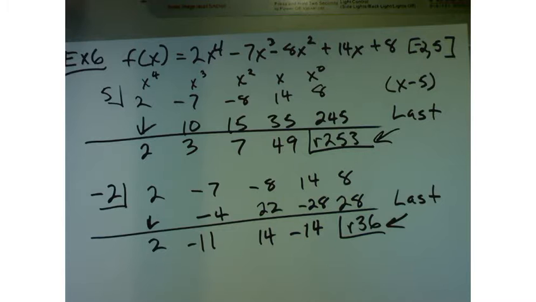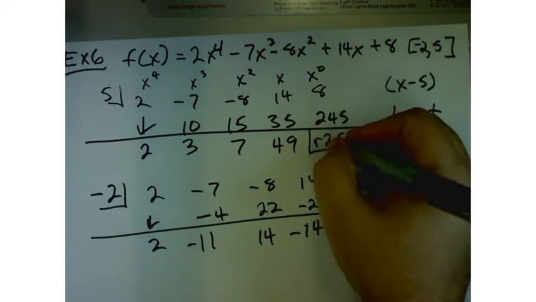Because the last line in the first division scheme consists of all positive numbers, 5 is an upper bound. Because the last line in the second division consists of alternating signs, -2 is the lower bound.